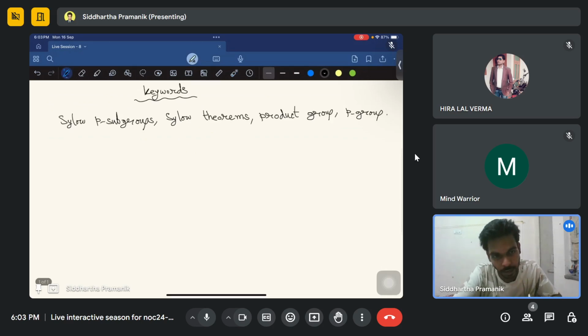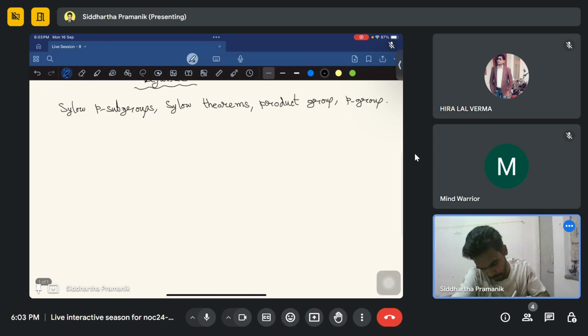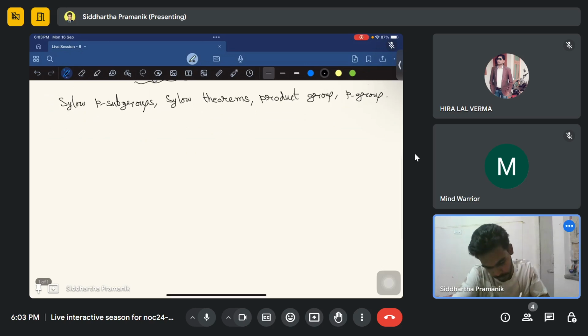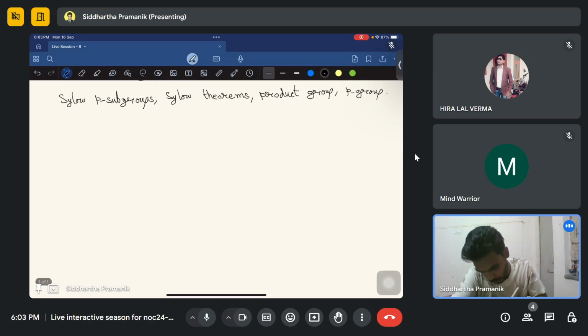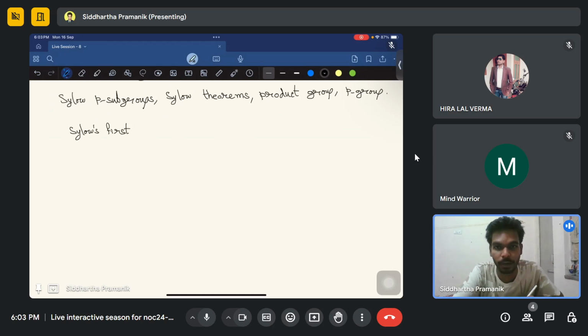Let me quickly write down these three Sylow theorems, not in detail but in short, because I will be using these theorems in the problems repeatedly.